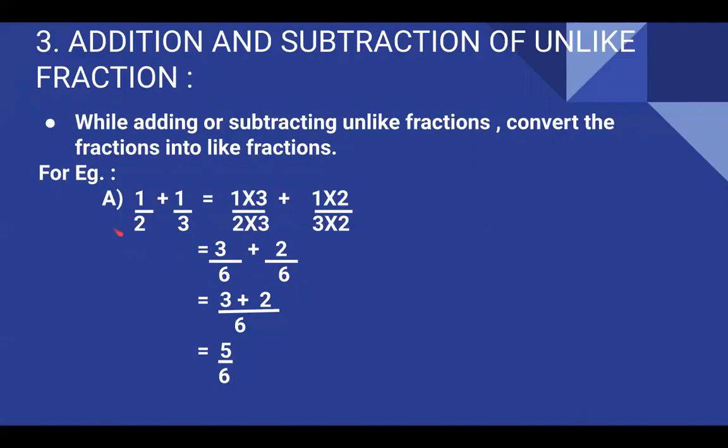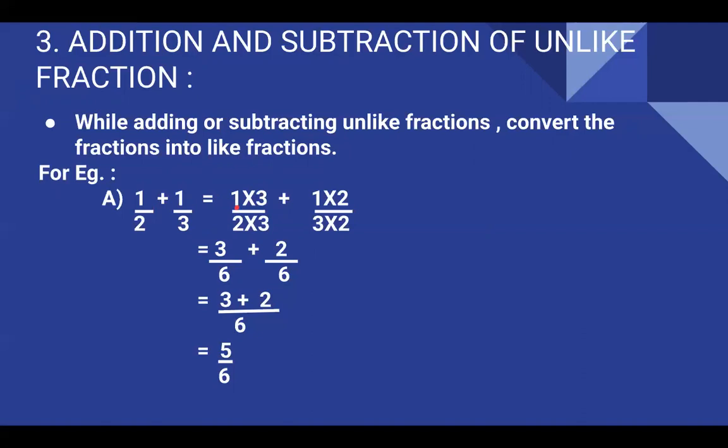So you have to multiply the first fraction in such a way that you get the denominator 6, and multiply the second fraction so that again you get the denominator 6. For that, or the simple way, you can do the cross multiplication.